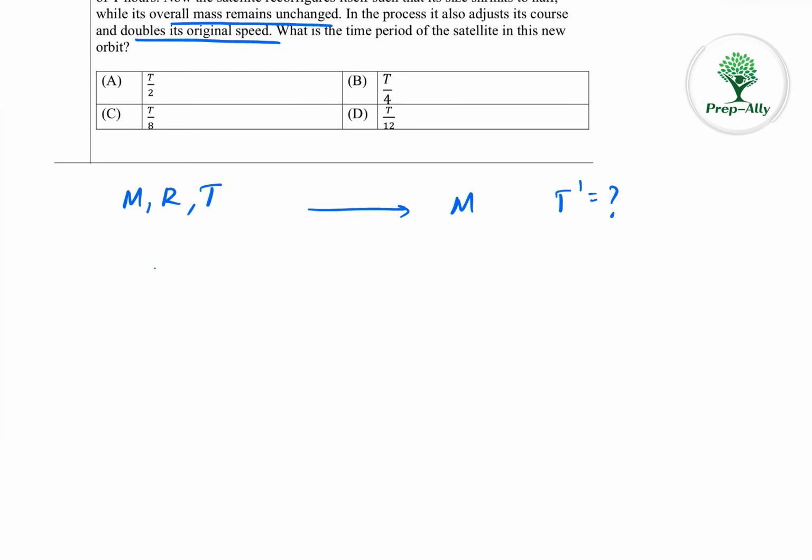Now, for a satellite orbiting with some velocity v, so it's in a circular path, right? So it will have an orbital velocity of some v naught. Now, for any body to move in a circular path, there has to be some centripetal force. And in the context of satellites, that centripetal force is supplied by the gravitational attraction.